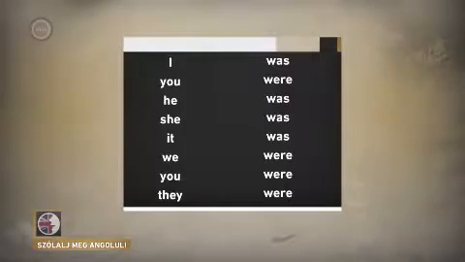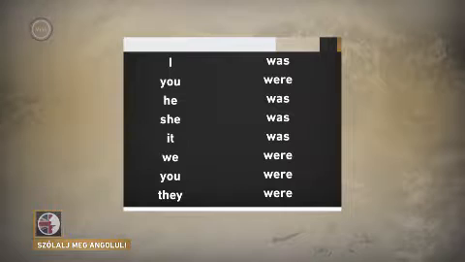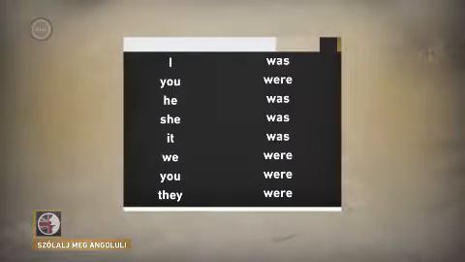Okay, so who remembers the past simple form of the verb to be? It's an easy one, isn't it? Yes, that's right. The past simple form of the verb to be has got two, count them, 1, 2, two forms. I was, you were, he was, she was, it was, we were, you were, they were.